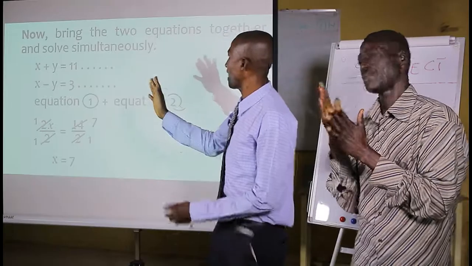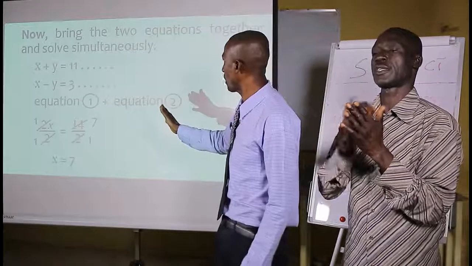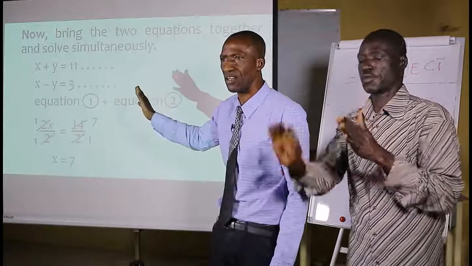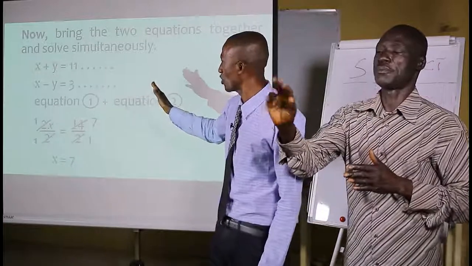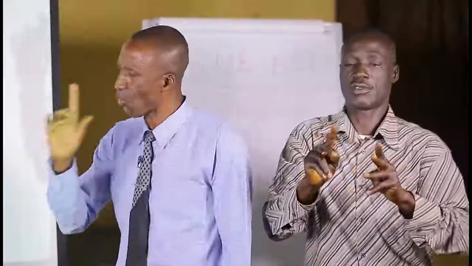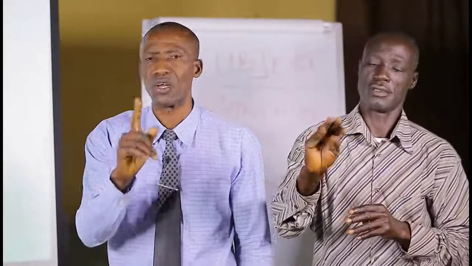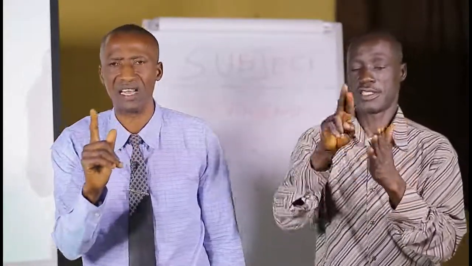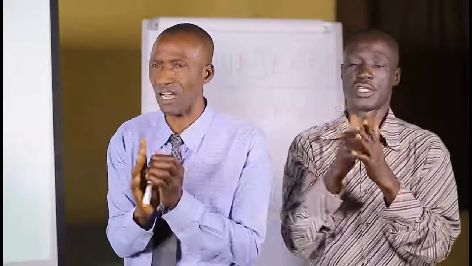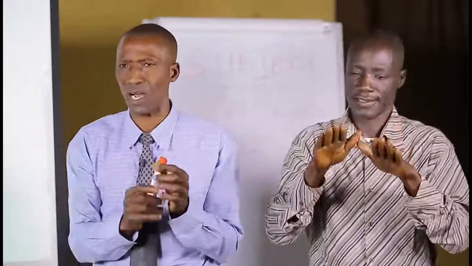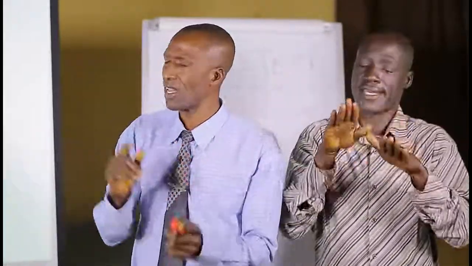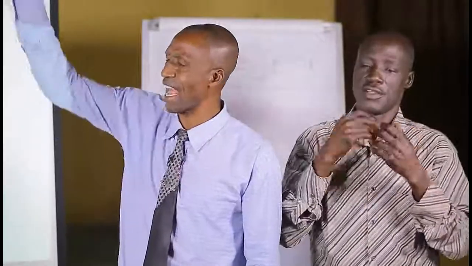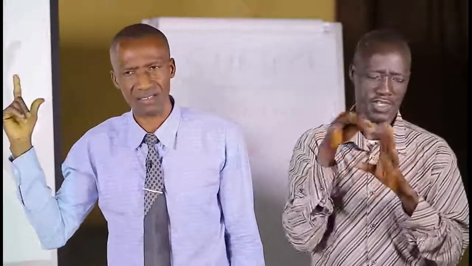So, you can now see that I use elimination method in solving this simultaneous equation. One of the fundamental rules of elimination method is that make sure the equations are balanced, which I had explained earlier in our previous lessons.